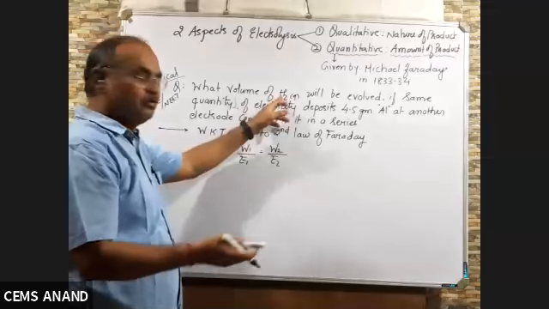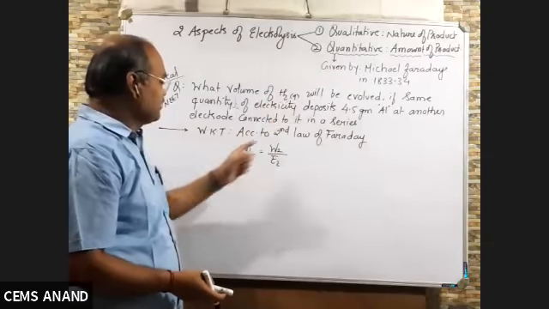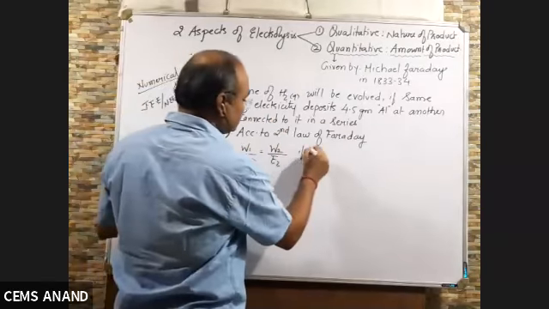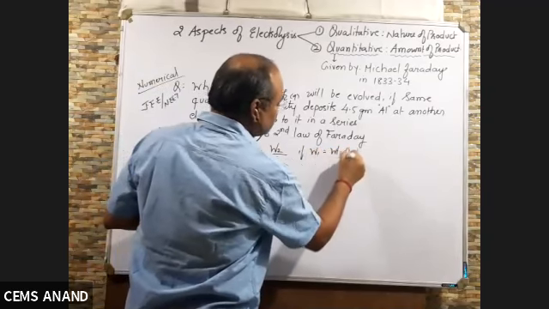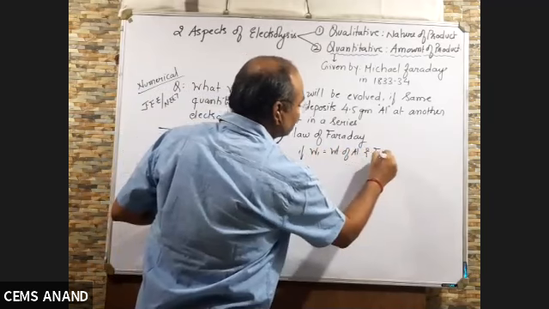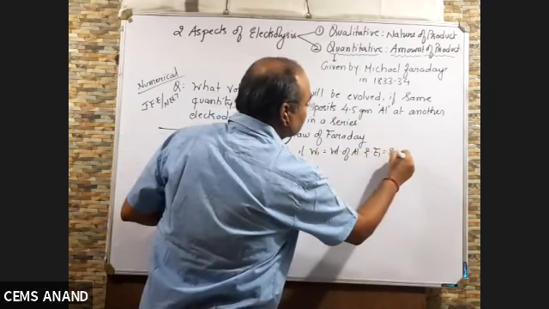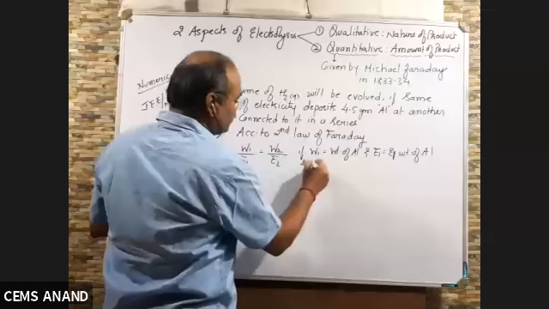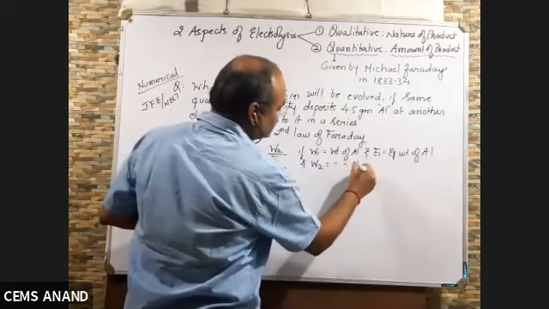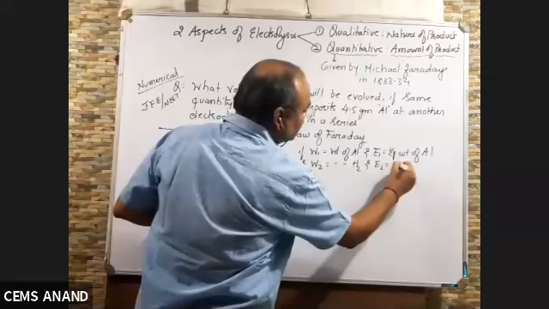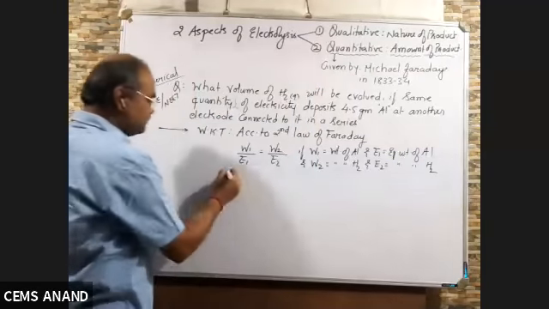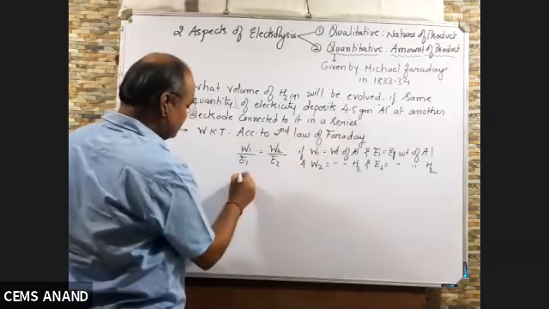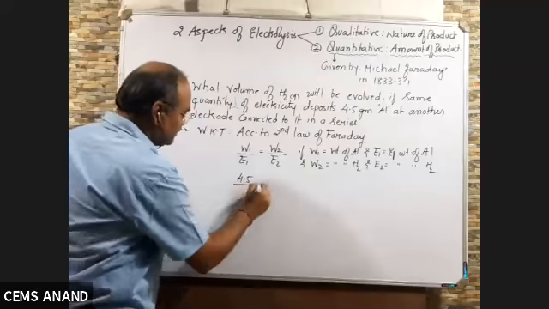Here, if W1 is the weight of aluminium and E1 equivalent weight of aluminium, and W2 weight of H2 and E2 equivalent weight of H2, then W1 is 4.5 gram aluminium divided by equivalent weight.